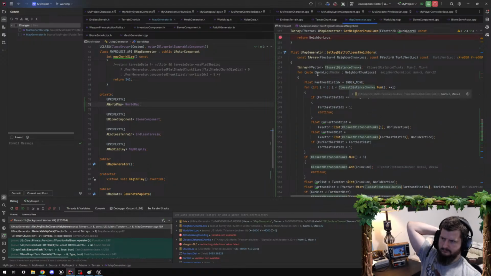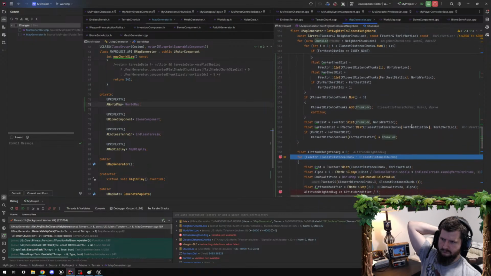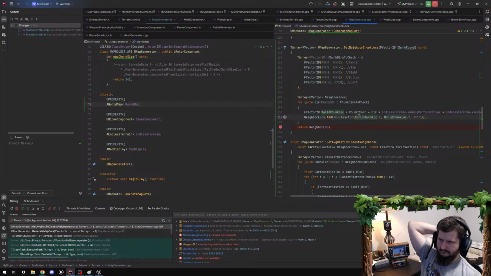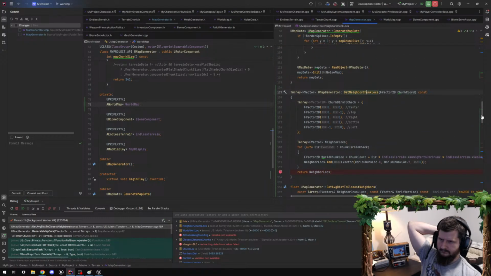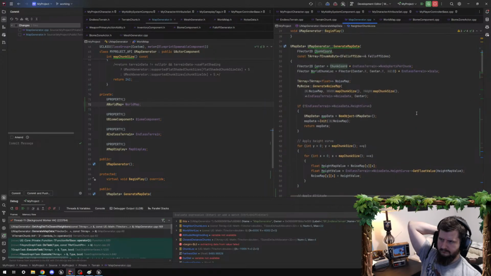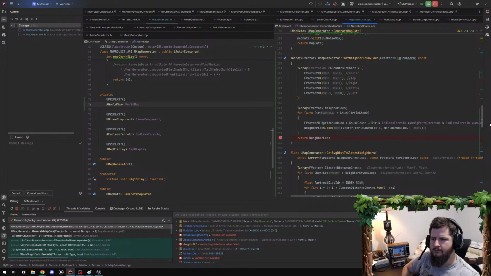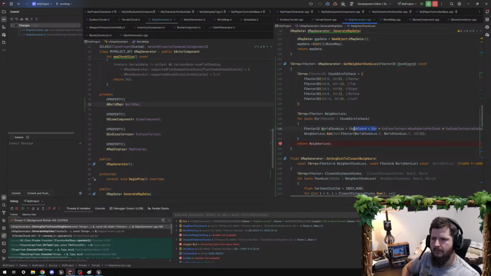The heck? Yeah, that should be the chunk coordinate. Oh, here's what's going wrong there. There we go. That's definitely it.